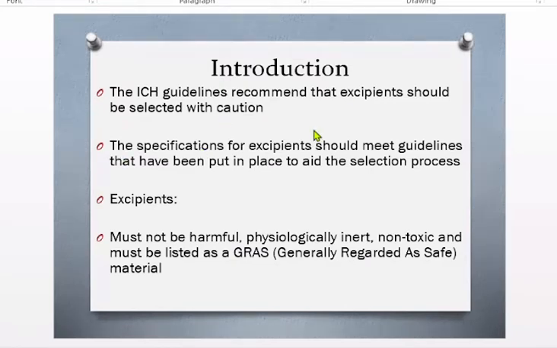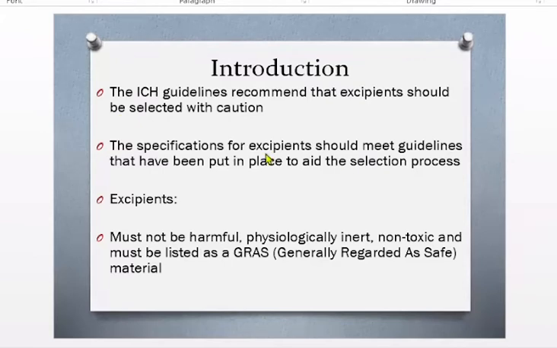One of them is that you must choose these excipients with caution. Of course, they are naturally considered as innate materials, but the selection, which excipient you choose, is going to determine the efficiency of the product that you are manufacturing.